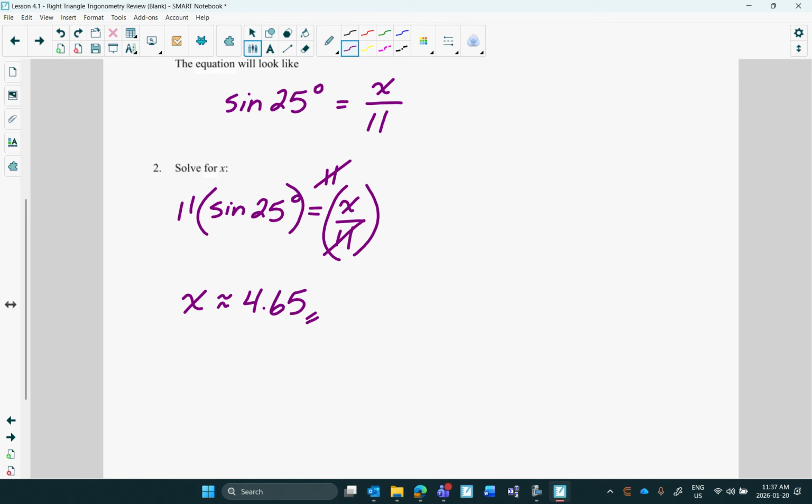If you're stuck in radians and you're not sure how to get to degrees with your calculator, let me know. So that's one type of trig equation, where we're asked to find the missing side, and when we set up the equation, the unknown's up top.